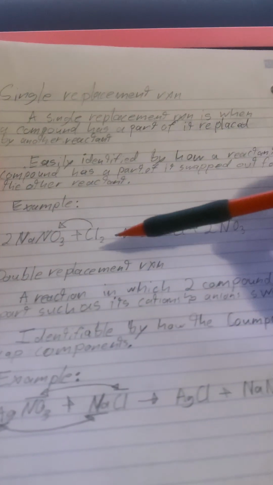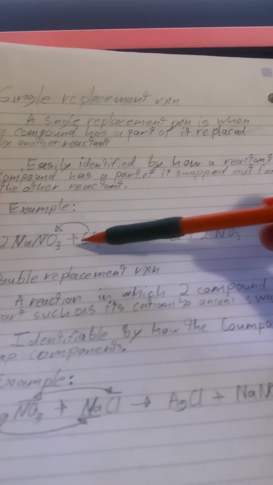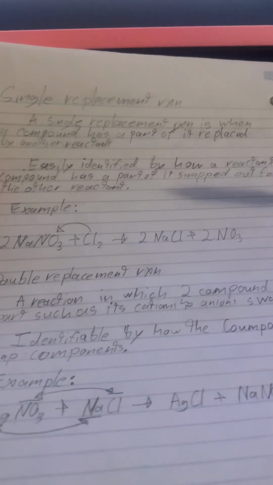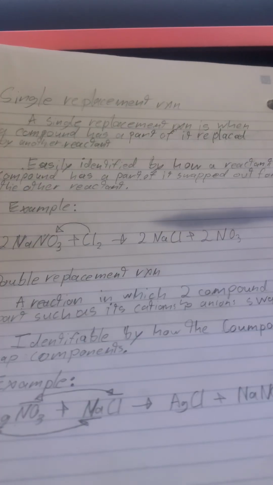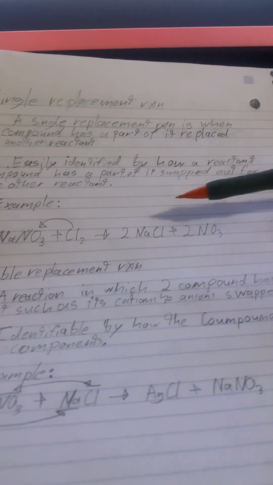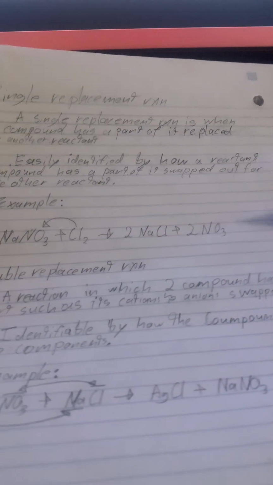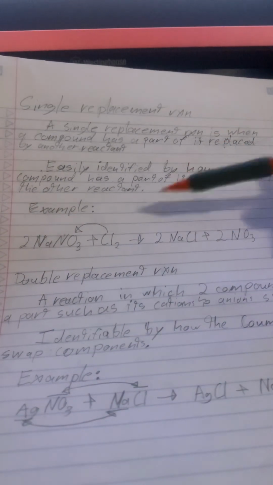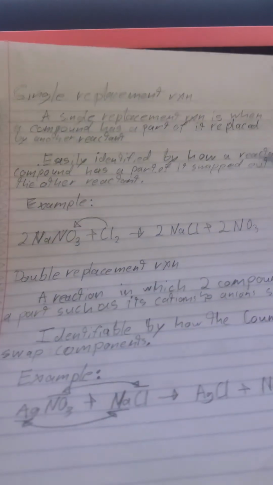Example here, of course, is sodium nitrite and chlorine swapping out with the nitrite, giving us, of course, table salt and nitrite, where the single replacement is sodium and the nitrite.